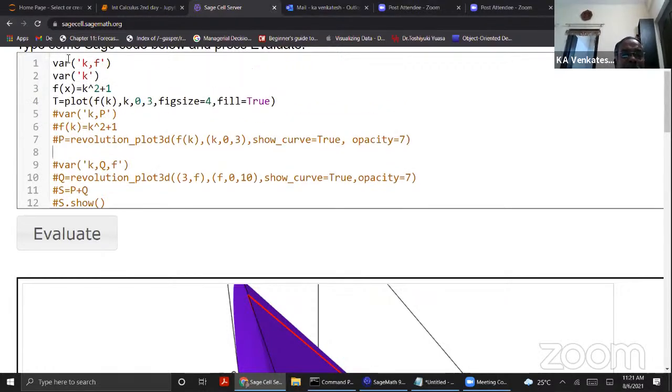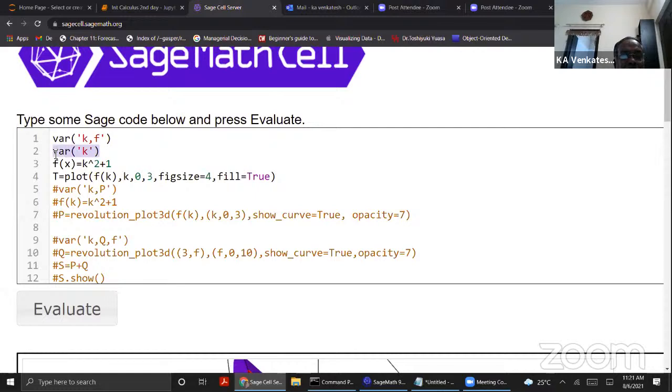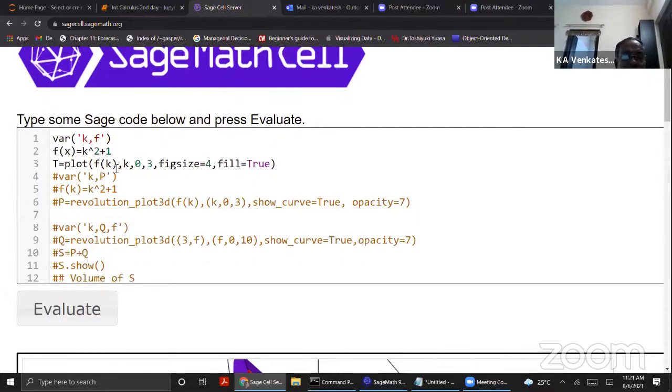Now only these first 4 lines will get evaluated. Variable k comma, oh, it's already there, so no need of this. I thought it was not there. Okay, right, x squared.